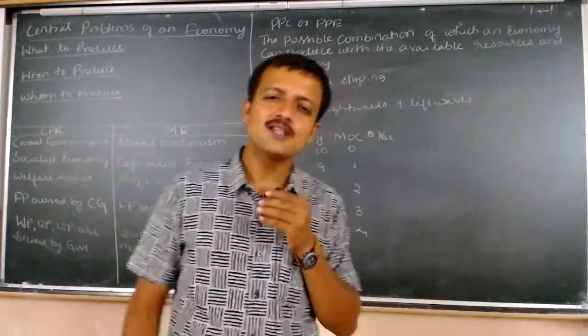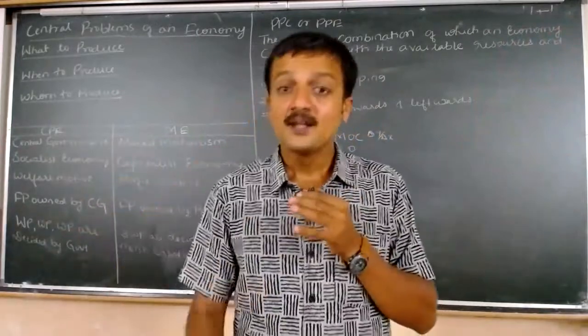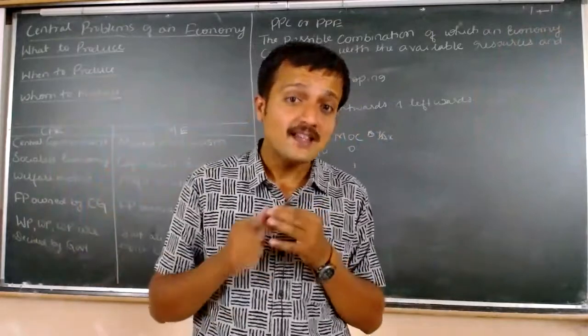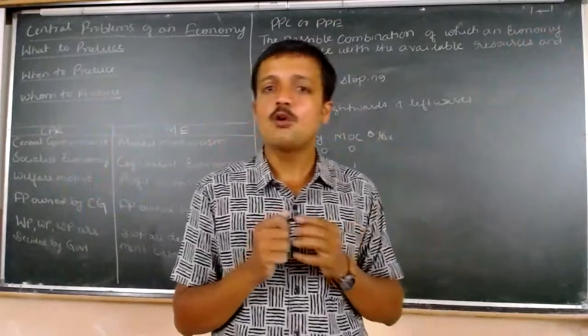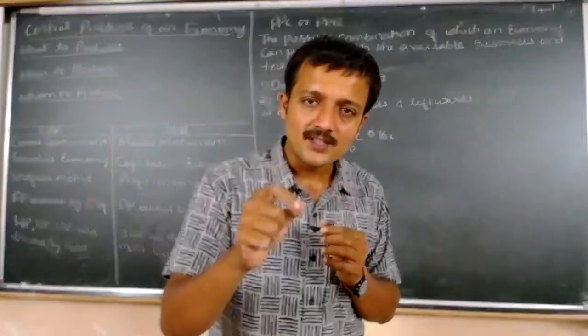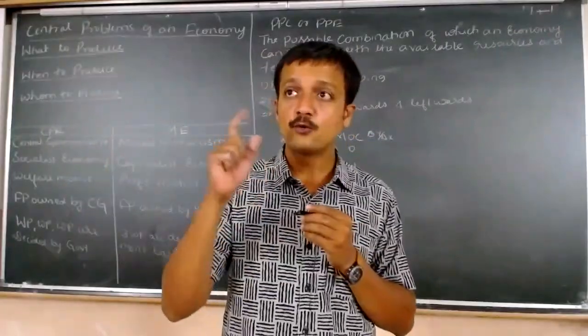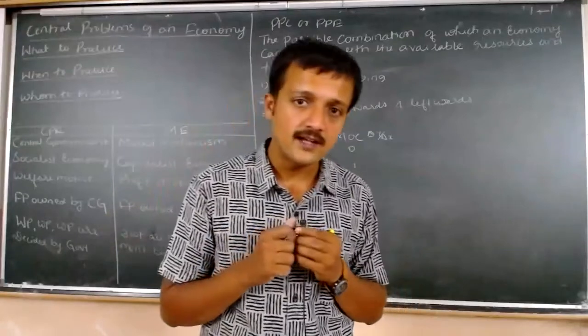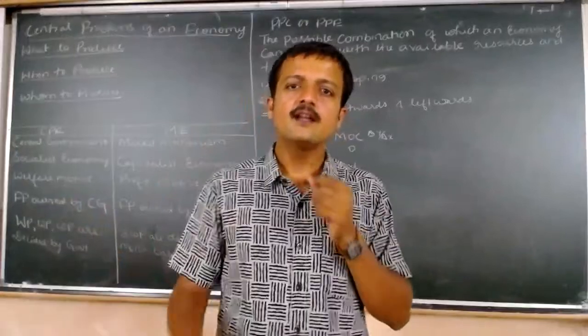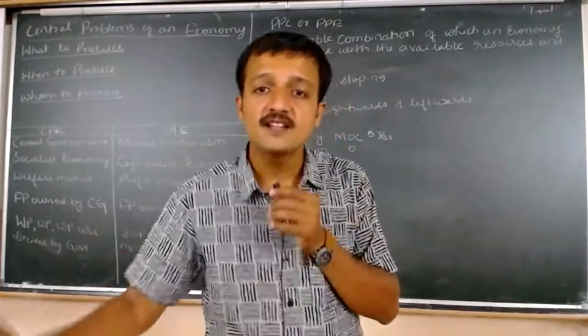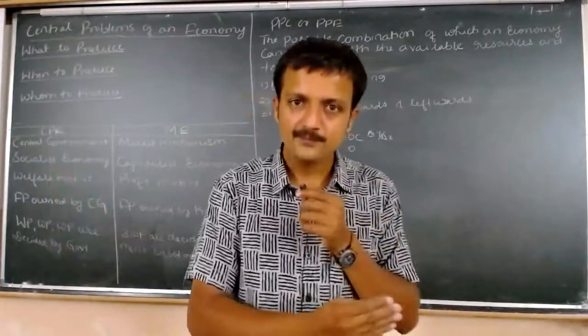So what you need to make is, you need to make a choice. The problem of choice arises when there is unlimited want and limited resources. And if you remember, once I said in your class that if the resources were unlimited, then the economic subject would have never existed, especially this micro part.